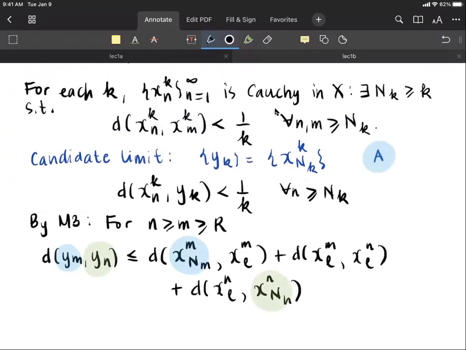Now, we could use this inequality here, or this one, I should say. So if we have the same superscript, as long as the indices here are greater than n_k, now we are guaranteed that we can apply that as long as the intermediate point that we have introduced, having the subscript L, is larger than, let's say, n_m and n_n.